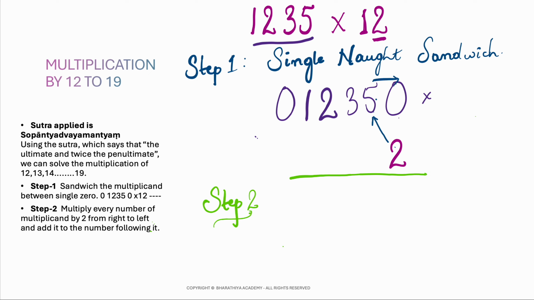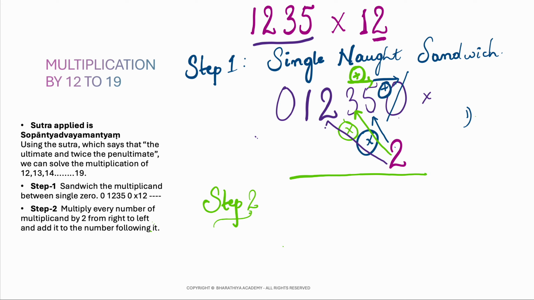Here multiplication, here addition will happen. After that we will strike off this number. Then we will multiply this 2 with this 3. Here multiplication happens, and then we add whatever we get, like 3 twos are 6, and then we will add 6 to 5. If there is any carryover, we will add that also and then write the digit. I'll explain how we write it later, but for now try to understand the concept.